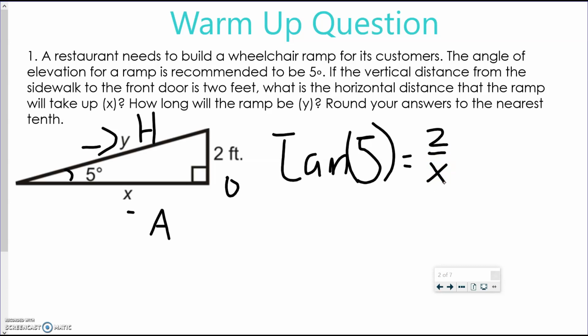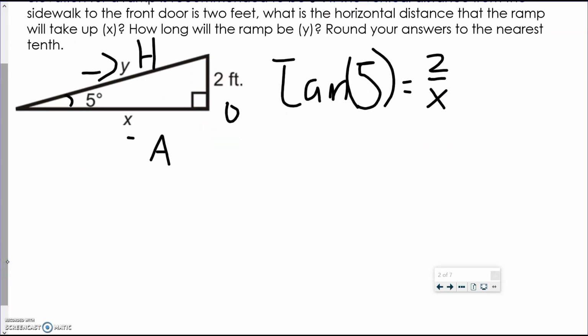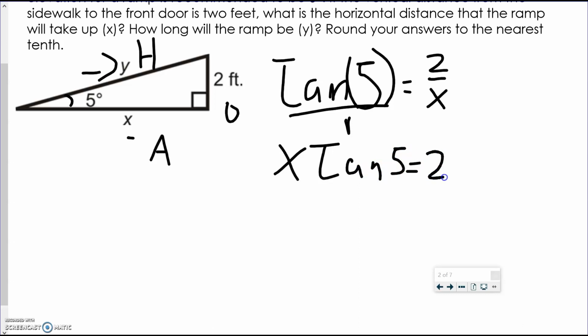And then to solve for x, what we would do is treat tangent of 5 as a big fraction, putting it over 1. You do your cross multiplication, you get x times tangent of 5 is equal to 2. Again, we're trying to solve for x, so you divide by tangent of 5 on both sides.